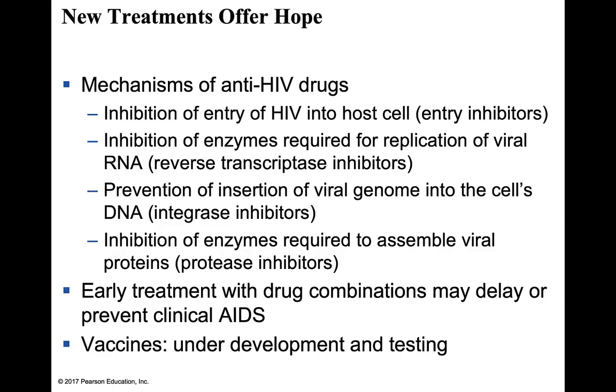Inhibiting enzymes required to assemble the viral proteins involves protease inhibitors. Early treatment with drug combinations may delay or prevent clinical AIDS. Also vaccines, but it's been very difficult to create a vaccine for HIV and AIDS because it mutates very regularly. It's very difficult to create a vaccine for a virus that has a high rate of mutation.